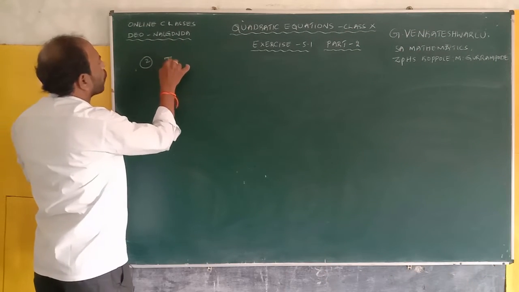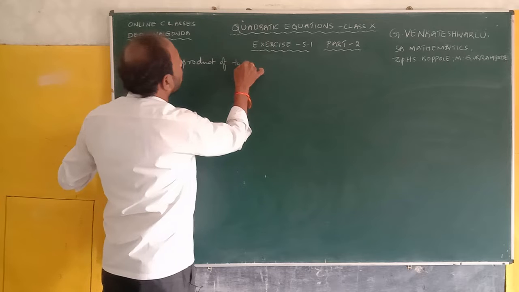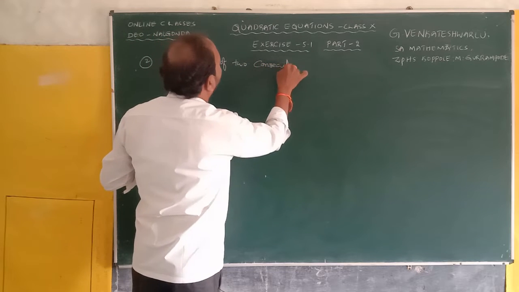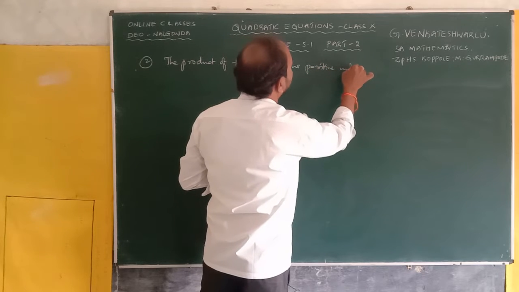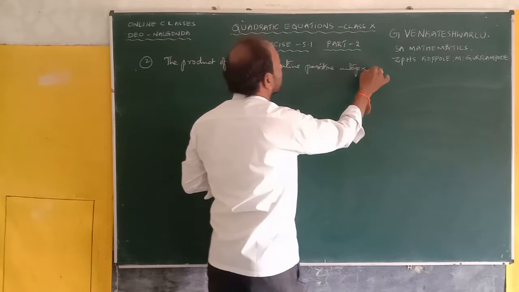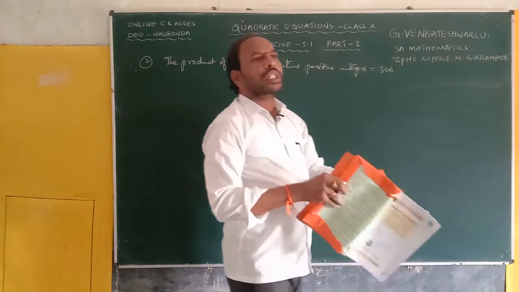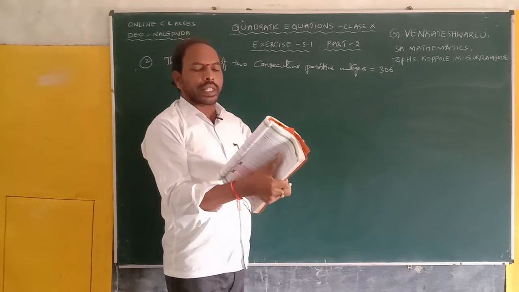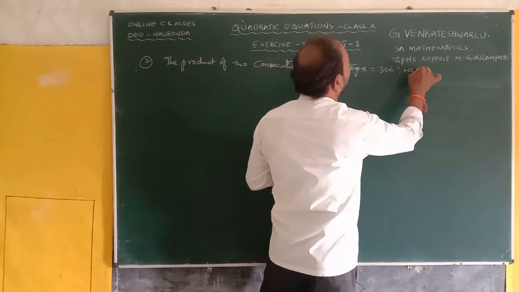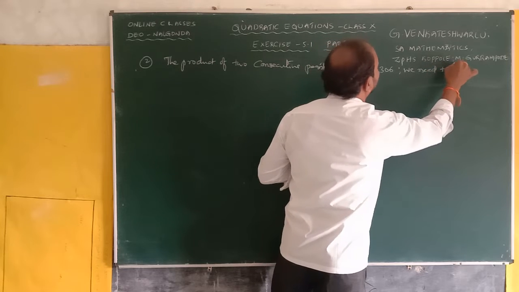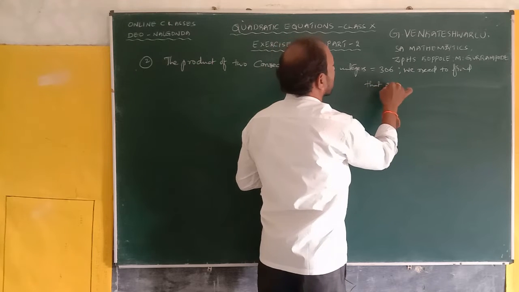The product of two consecutive positive integers is given as 306. We need to find the two positive integers.